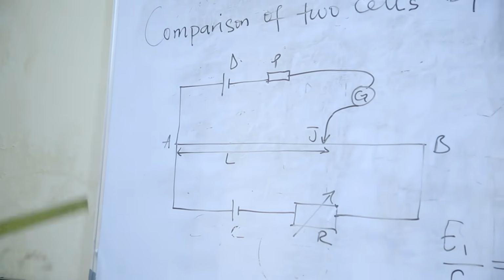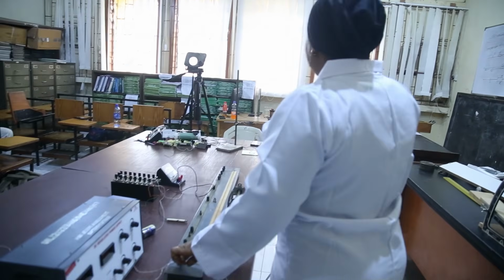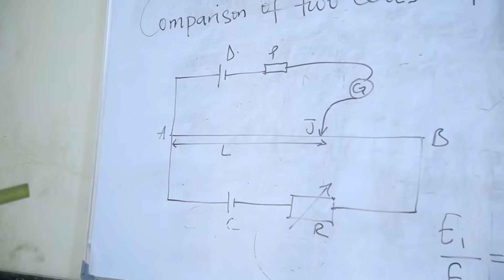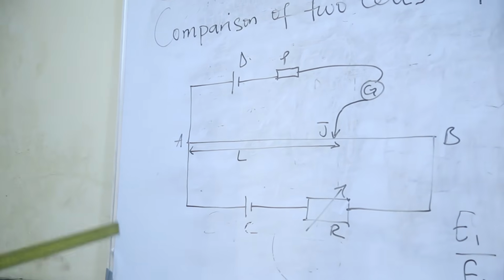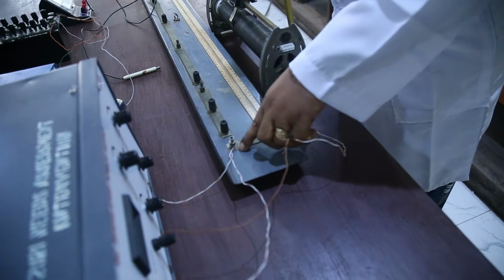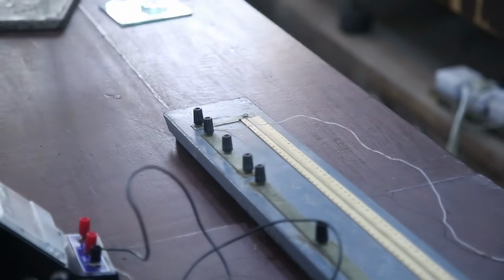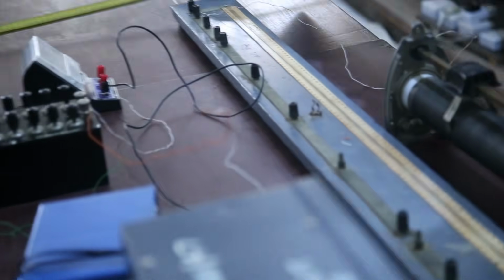So we are connecting the positive terminal of our Daniell cell to the point A on the potentiometer. That line at the middle that says A to B is indicating our potentiometer. So this is the point A of the potentiometer, and this is the point B. So you connect the positive terminal of your Daniell cell, which is this positive terminal here.